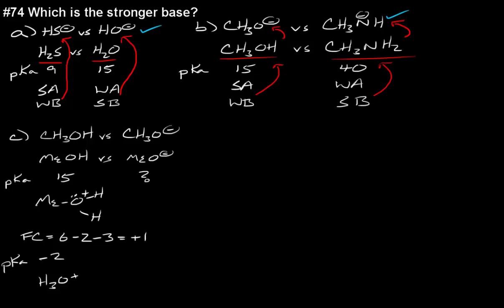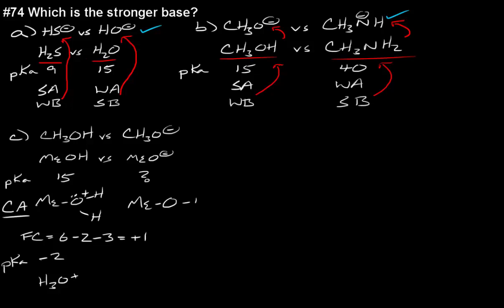Okay, so we've protonated the methanol to give the conjugate acid. This is going to be the conjugate acid, this positively charged oxygen, because we've tacked on an extra hydrogen. Then we'll have to do the same thing for this methoxide, so we'll end up adding another hydrogen onto that oxygen.